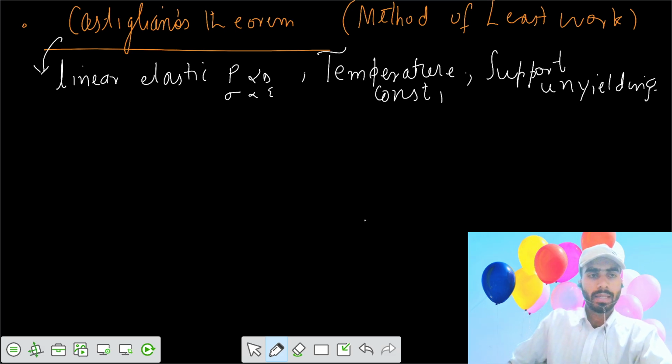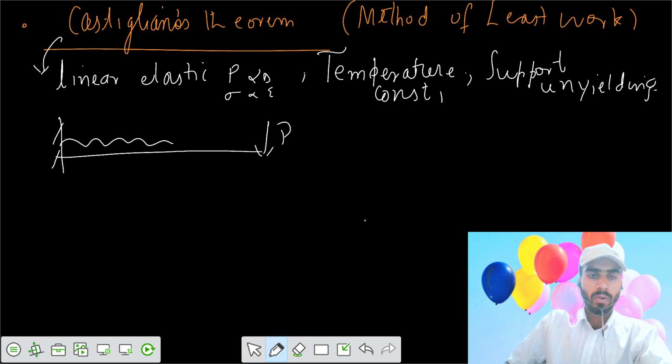Then we have a general beam with P and some loads also. We want to find the delta at point i.